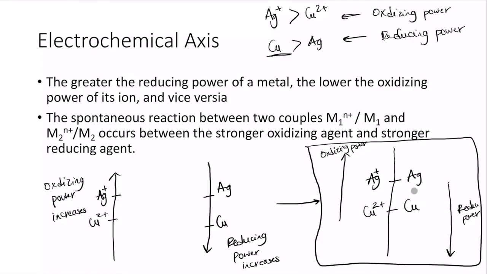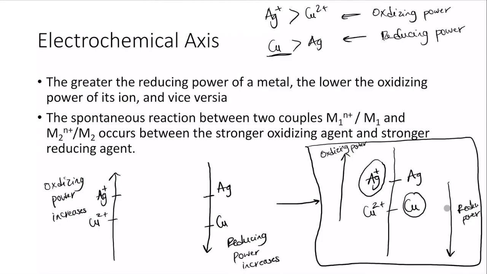Between these two couples, we need to choose the stronger oxidizing agent and the stronger reducing agent. So comparing Ag+ and Cu2+, which is the stronger oxidizing agent? It's the Ag+. And we go to the metals. Comparing Ag and Cu, which has the stronger reducing power? It's copper.